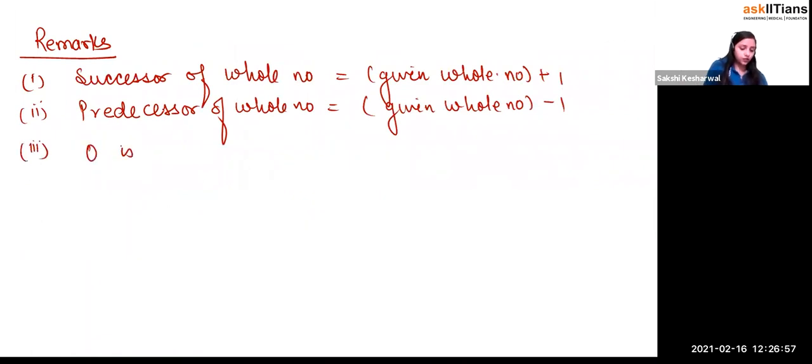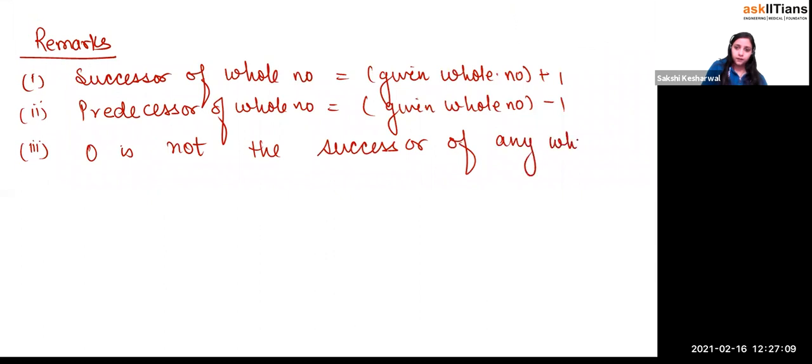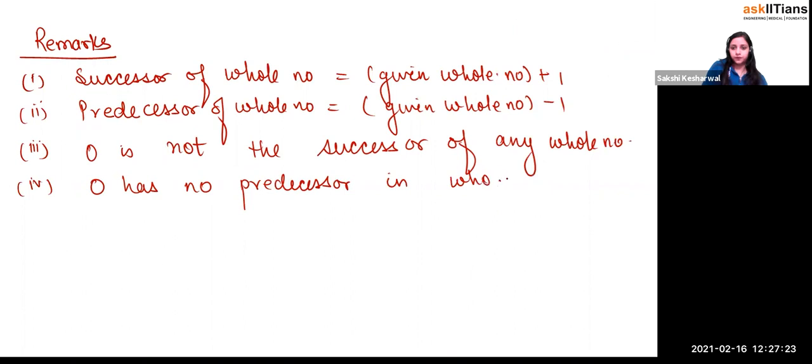Now coming to this: 0 is not the successor of any whole number, right? Fourth part, 0 has no predecessor in the whole number system.